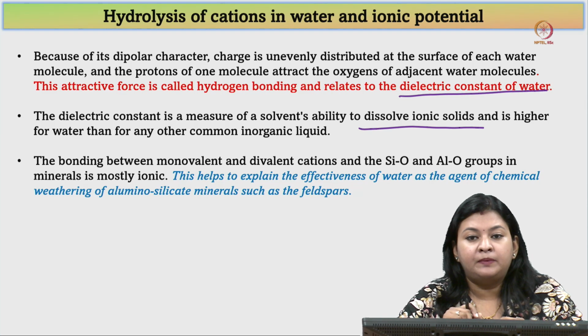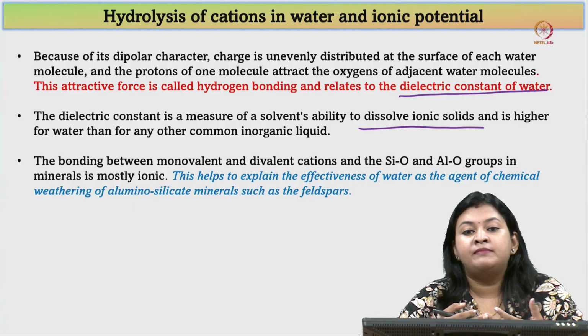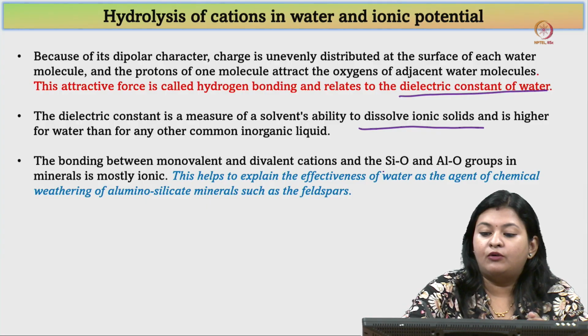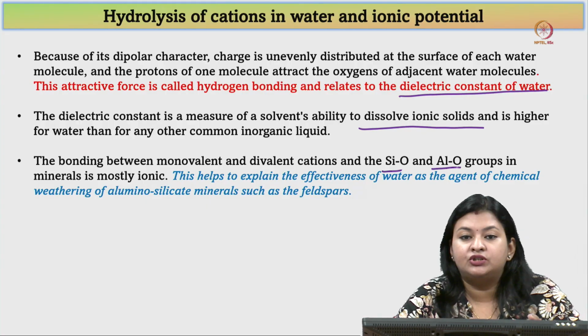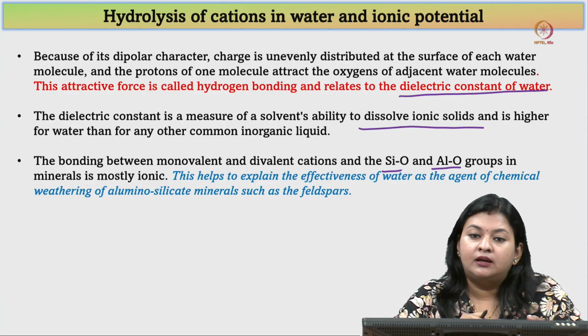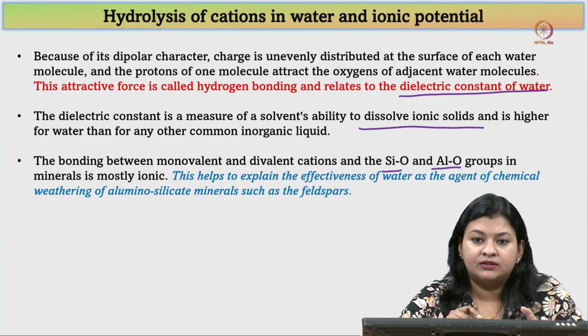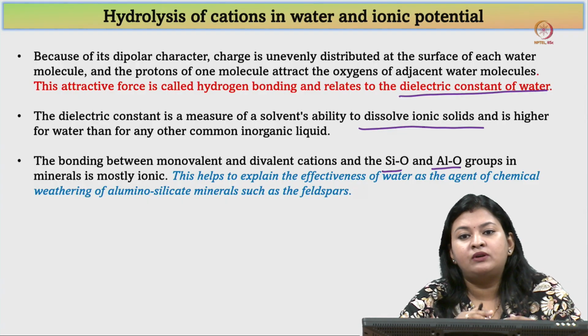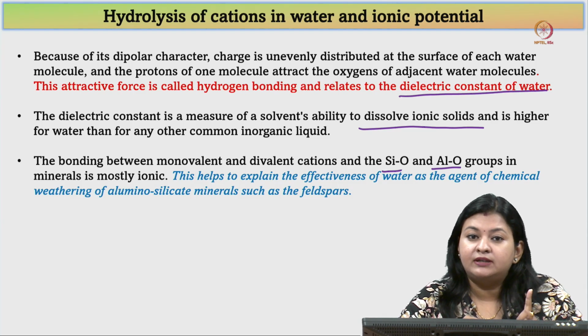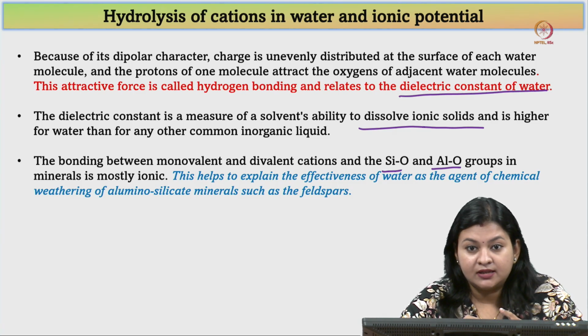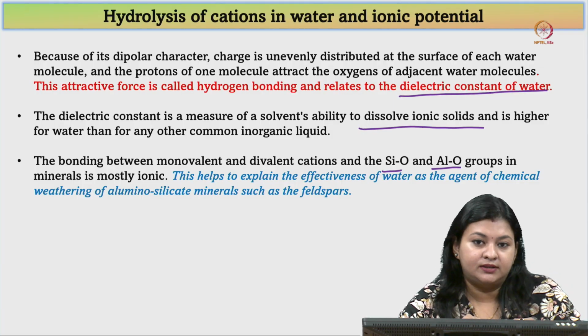Now, the bonding between molecules in minerals, which are mostly SiO or aluminum oxygen groups, is mostly ionic, because there you will mostly see the alkali elements forming bonds. So, it will always be ionic bonds, and water is an extremely good agent to dissolve these ionic solids.